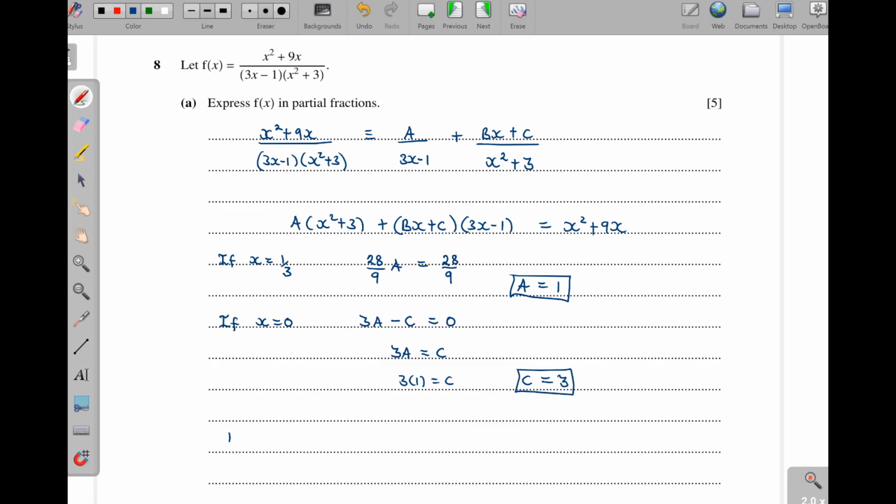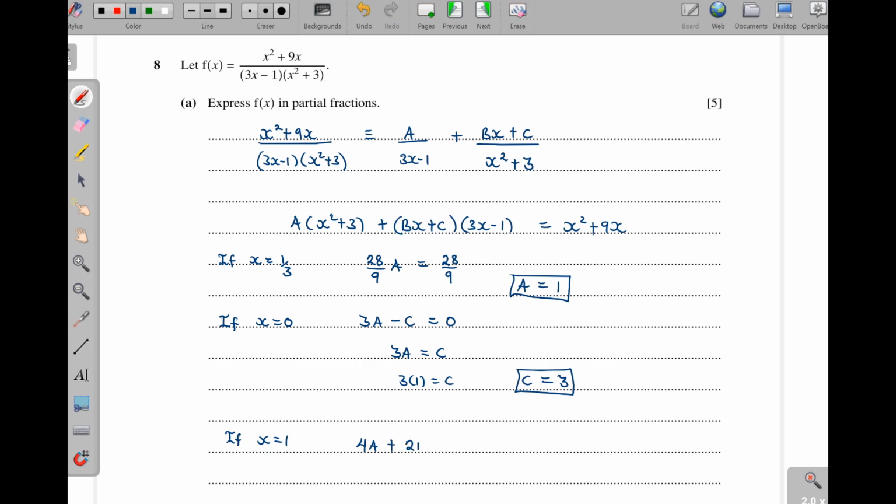Then, since the values of x which can terminate some of the terms here are done, I can get any other value. So for example, if x is equal to 1, then we substitute here. 1 squared is 1 plus 3. That will give us 4 of a. Then plus, put here 1, you will get a 2. So 2 times this.